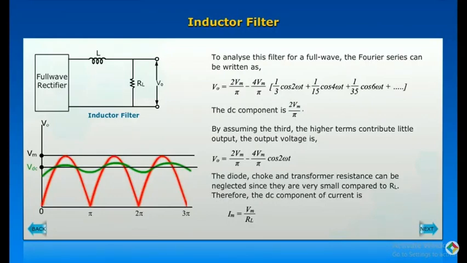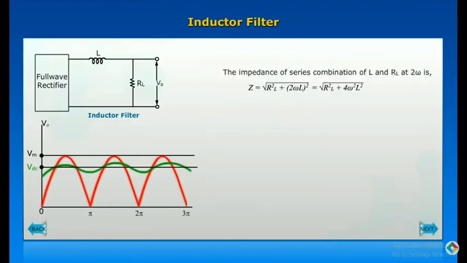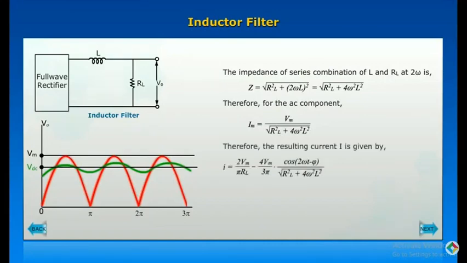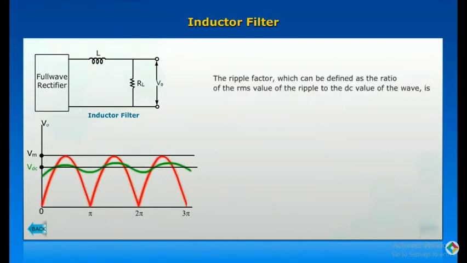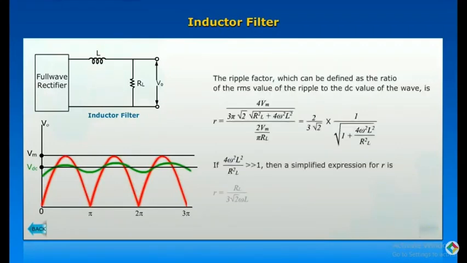Therefore, the DC component of current is given as follows. The impedance of the series combination of L and RL at 2ω is given as follows. Therefore, the AC component and the resulting current I are given, and the ripple factor, which can be defined as the ratio of the RMS value of the ripple to the DC value of the wave, is given as follows.